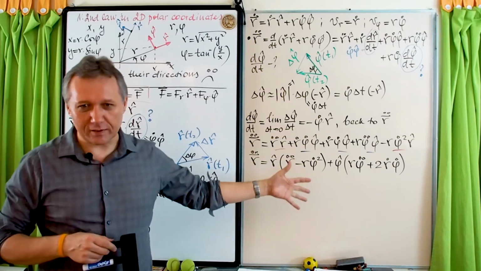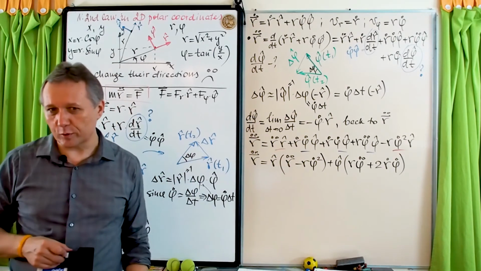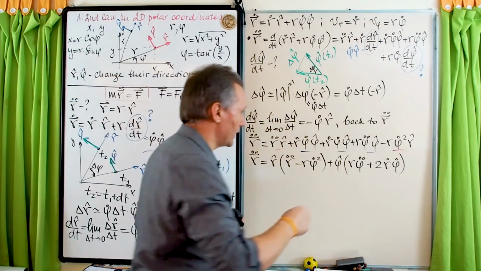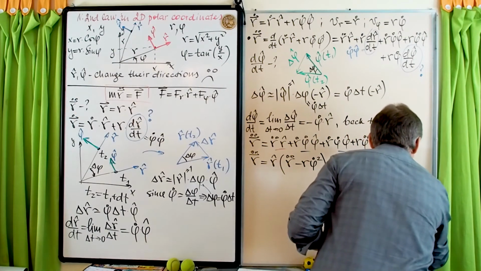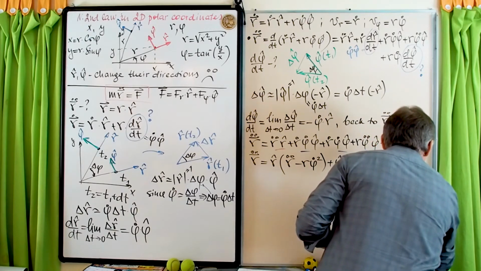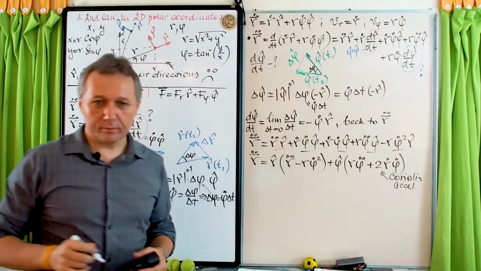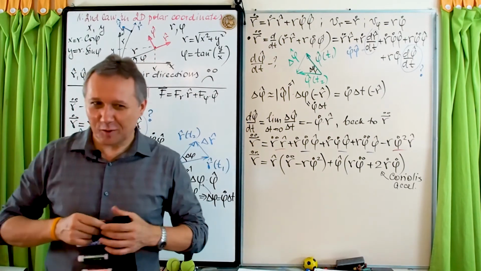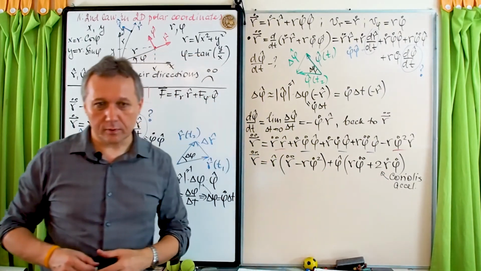But again, we will get something similar, and then we will decide how we're going to treat it. I can emphasize that this is Coriolis acceleration, but we're not going to use it for now. Until chapter 9, we're not going to use it. The rest you're familiar with, except for that.